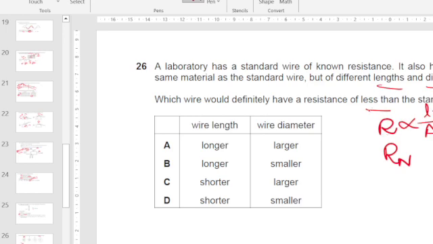But in the question, we want the resistance to be lower. So the length should be shorter, and the area should be larger. Hence, option C is a correct option. If area is larger, resistance will become less. They are asking for less resistance. Hence, option C, which states length is shorter, diameter larger, is a correct option.